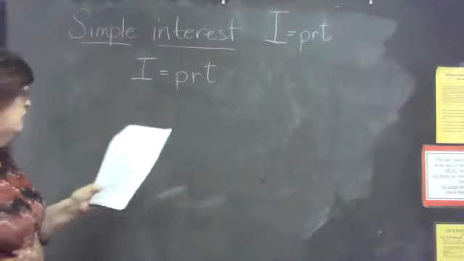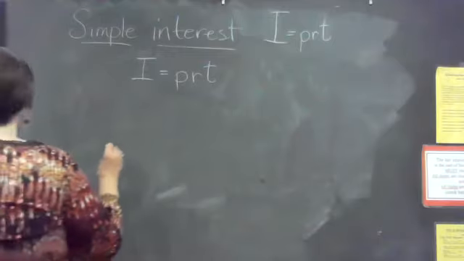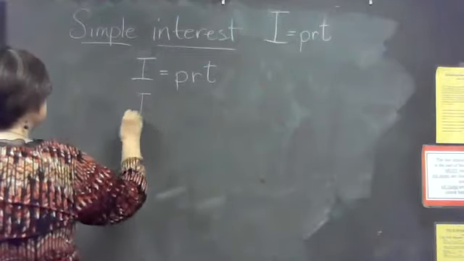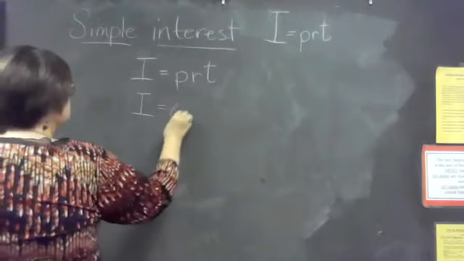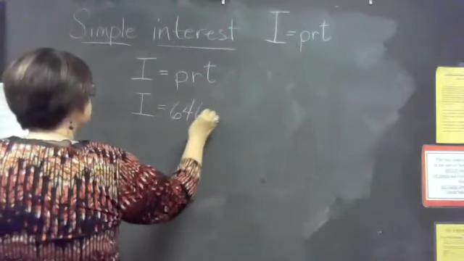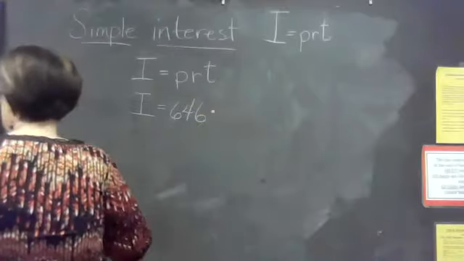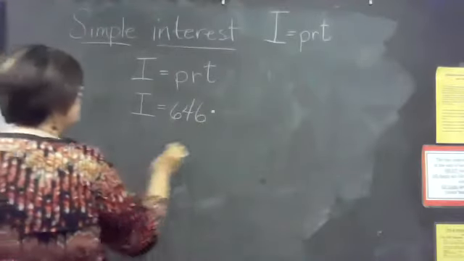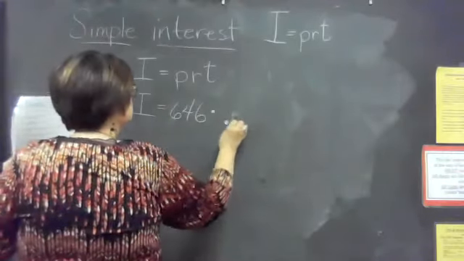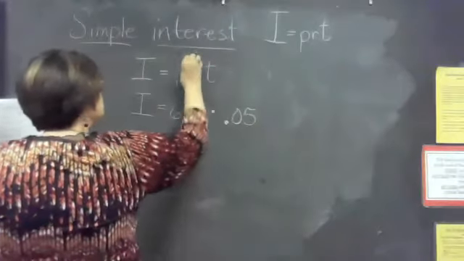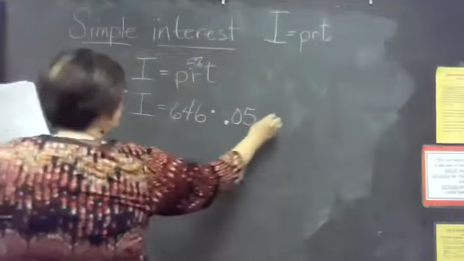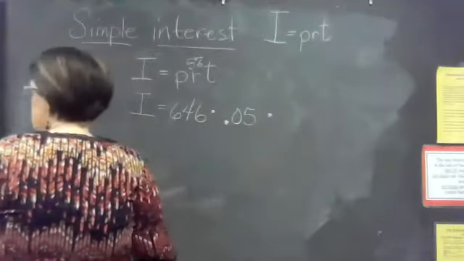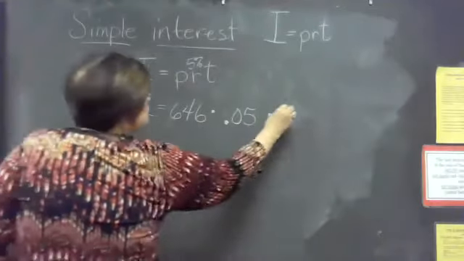So it wants to find out how much interest. The principal is $646 at a rate of 5%. We took 5% and we changed it to a decimal times, let's see how many years? 2 years.